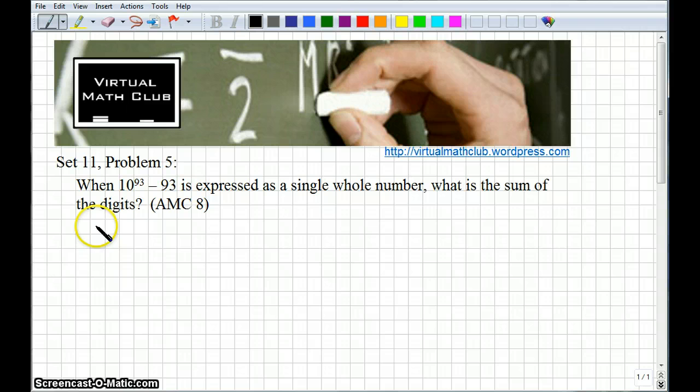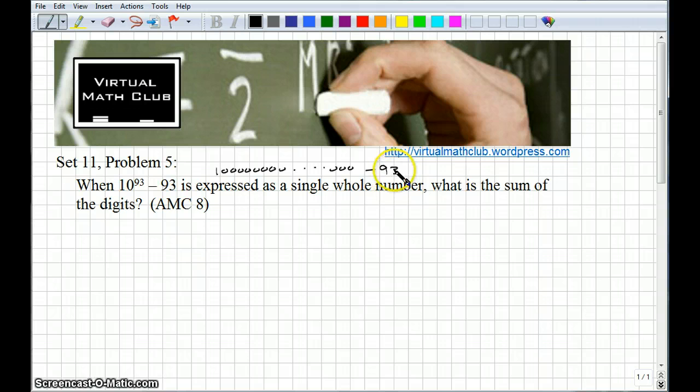Probably the best way to start looking at this: 10 to the 93rd is a 1 with 93 zeros. So we have 1, and then 0, 0, 0, and so on, 93 zeros, and we're trying to subtract 93 from it.